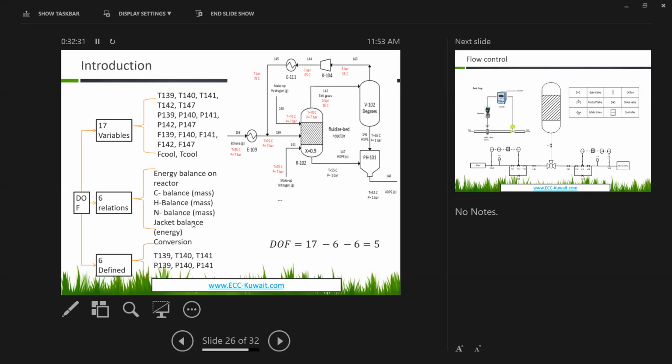And we have 6 defined variables, which are the inlet and outlet temperature, in addition to the conversion. If you count, we have 17 variables, 6 relations, and 6 defined variables. So the degree of freedom is 17 minus 6 equal to 5.